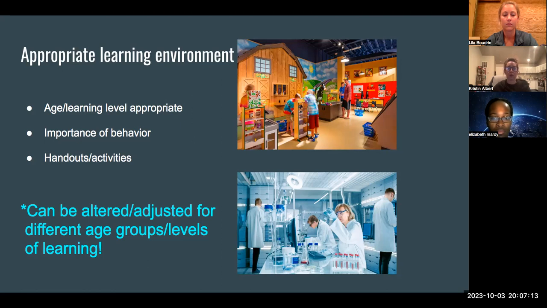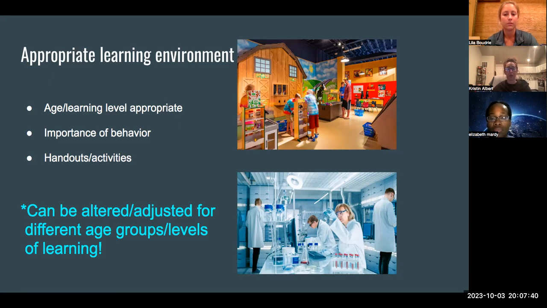And there are a lot of places that are good for students and trips of any age. And you can just alter your handouts or activities for different age groups. So like if you go to a zoo and you want to do a scavenger hunt, a lot of zoos will have little stamp things where children can collect the paw prints in ink for the different animals.